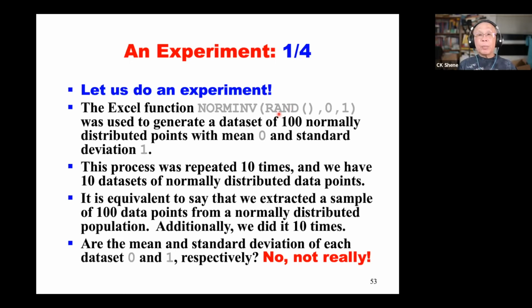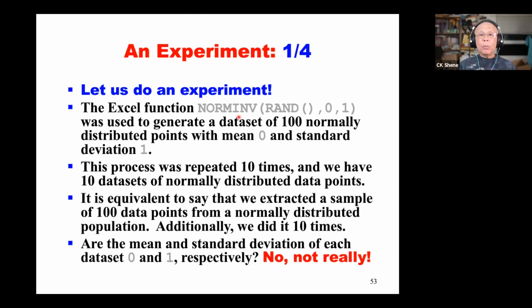Its value is between 0 and 1. The second argument is the mean value. The third one is its variance or standard deviation. But for our case, it doesn't matter.